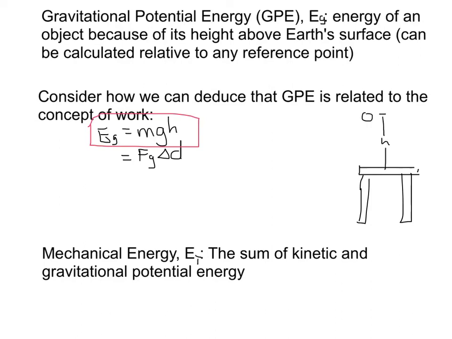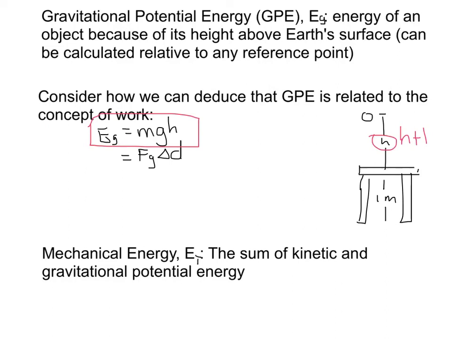It has a certain height, and if we use the table as a reference level, then it has this height. And let's say the table here is another meter off the ground. So for this object, we could use mgh and just sub in this particular h. But we could also do the object relative to the ground. So then we'd use h plus 1.